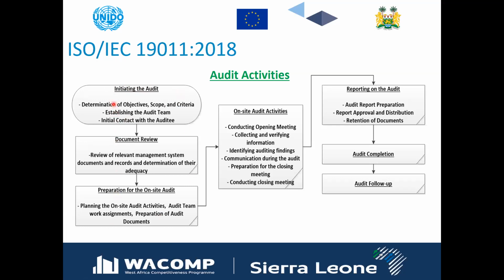We will discuss this one by one, but this is basically the process flow diagram of the audit, how it will start and then how it will end. But before initiating the audit, the application is mandatory, and that is the official application.